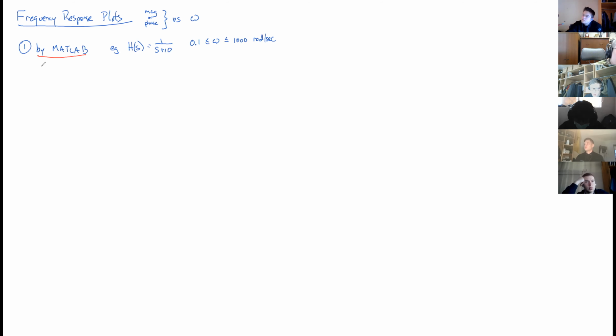So the way to do this is to, from your MATLAB prompt, begin by creating your omega vector. An easy way to do that is to start off at 0.1 and increment it by something tiny, let's say 0.01, and go all the way up to 1,000.